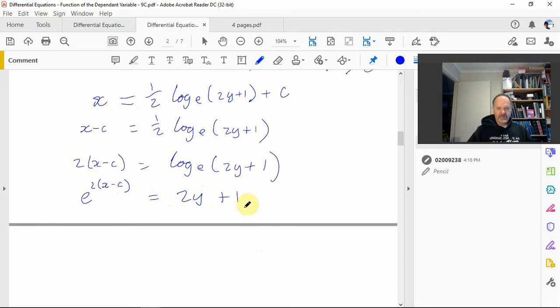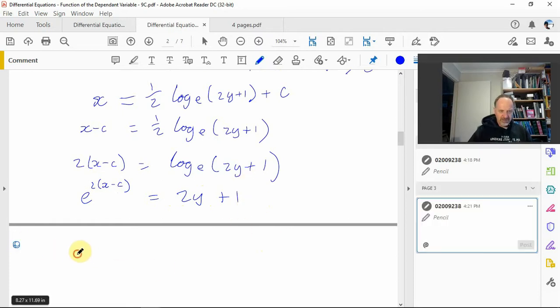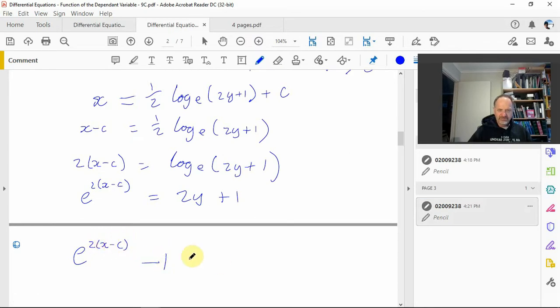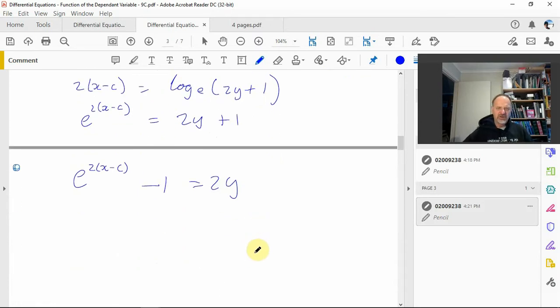We're getting there. Take 1. So e to the 2x minus c, take 1 is 2y, and then divide by 2. Now dividing by 2, we often would see that written as a half times.